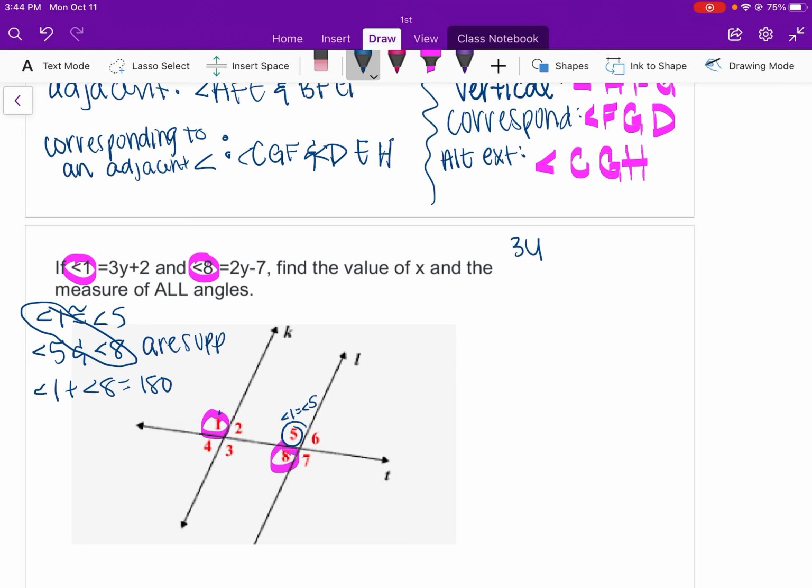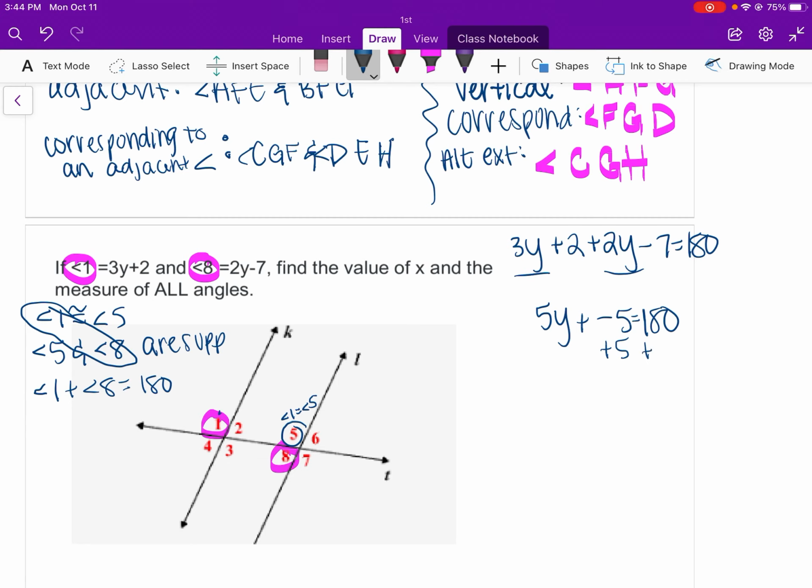So 3y plus 2 plus 2y minus 7 equals 180. We combine like terms: 3y plus 2y is 5y, plus 2 minus 7 equals negative 5, so 5y minus 5 equals 180.